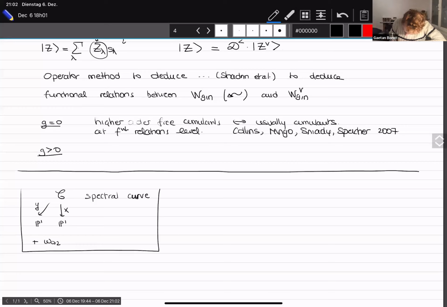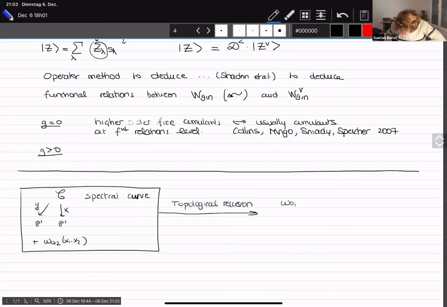And out of these data, there's this black box called topological recursion. Which tells you to consider omega 0,1, which is y dx, that you want to see as a function of x. But secretly, it's more a meromorphic one-form on the spectral curve.